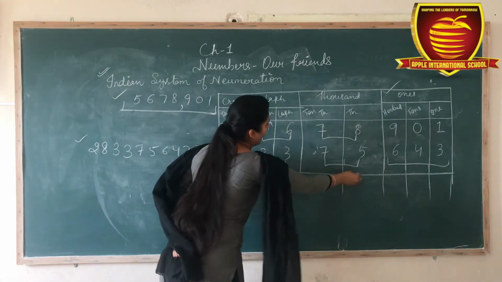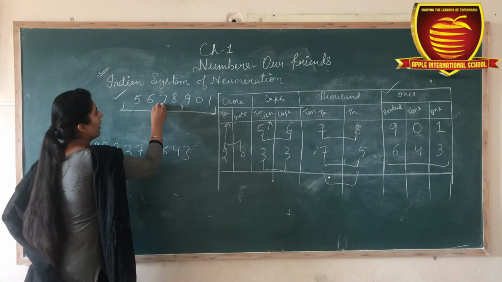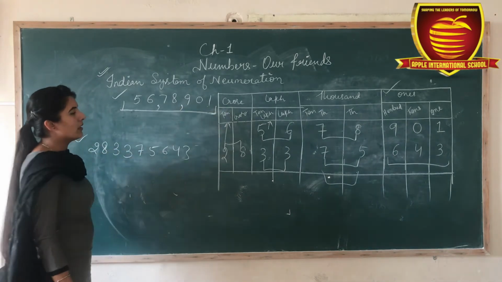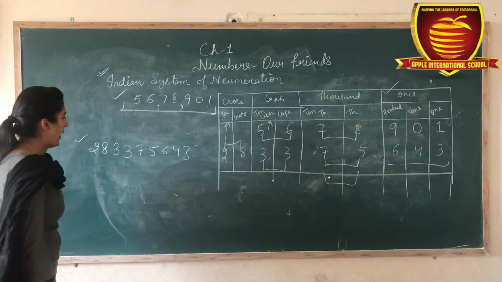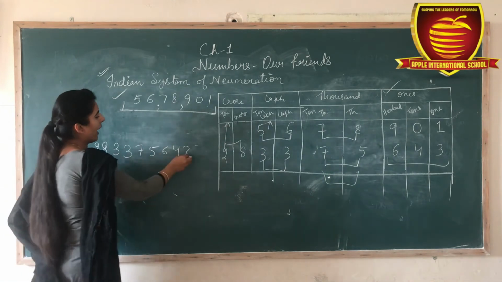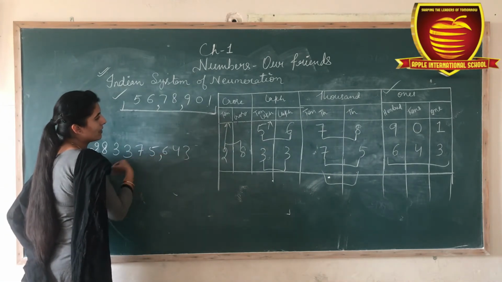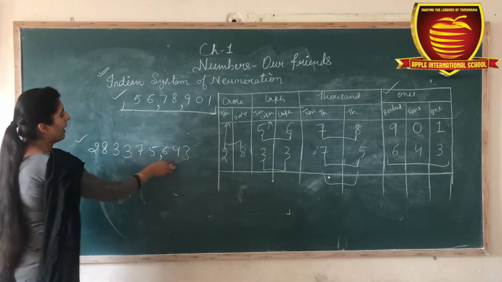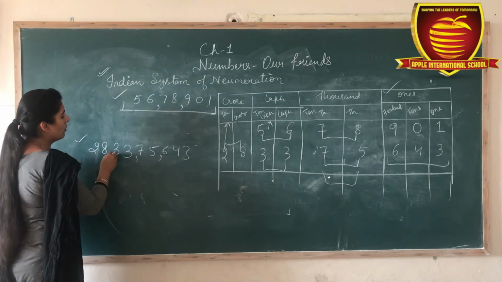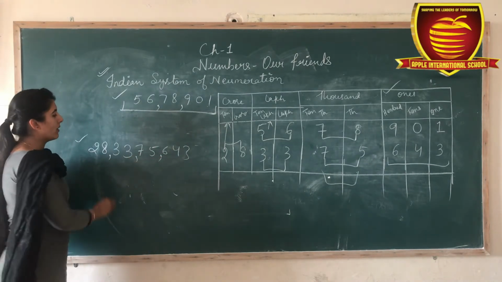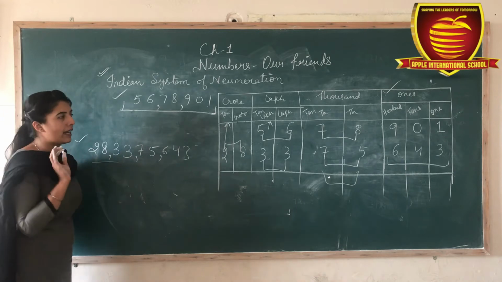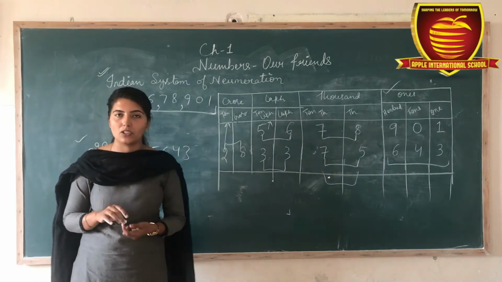Now in the thousands there are 2 digits, so after that we put commas after every 2 digits. Similarly, at the ones place there are 3 digits, so we put a comma after 3 numbers, then 2, 2. So that is all about the Indian system of numeration.